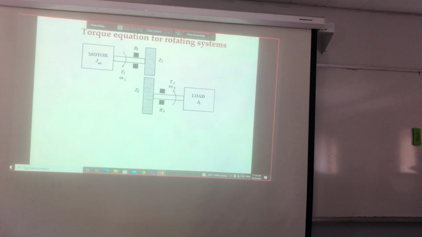Here I can say it is T1, W1, and let's assume that this is N1, where N is the number of teeth.